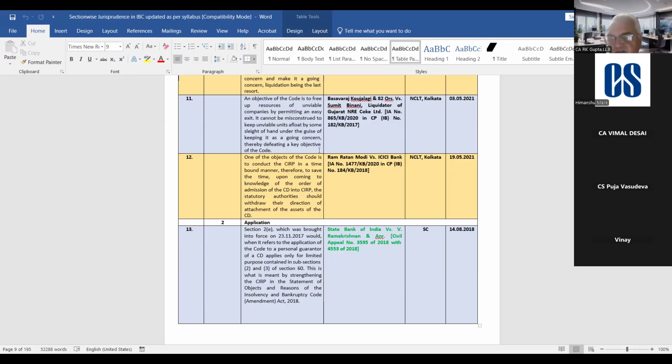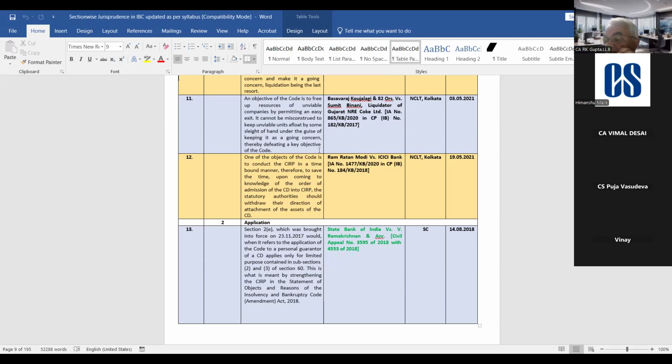Although we say that it is not a recovery mechanism, the financial creditors or the operational creditors are entitled to their claims. They are entitled to the money or compensation for goods or services they have supplied to the company. So unless we make personal guarantors also accountable side by side with the company, the whole objective will not be achieved.